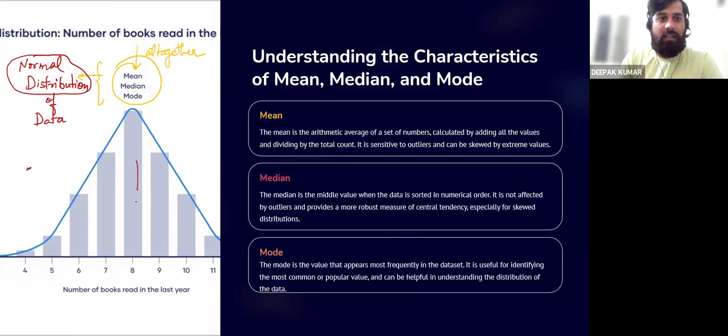So normal distribution simply says, say you have a data like this, and now most of your data is concentrated in this manner. Hope I make sense to all of you.